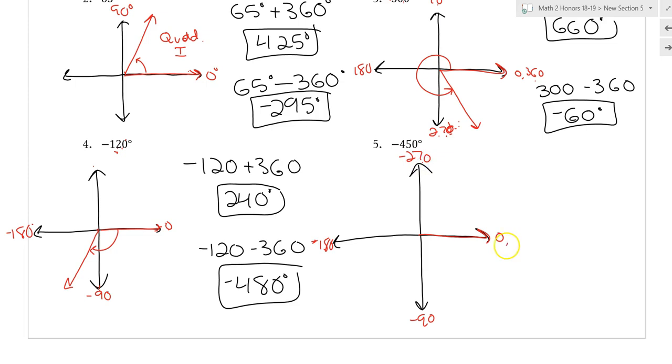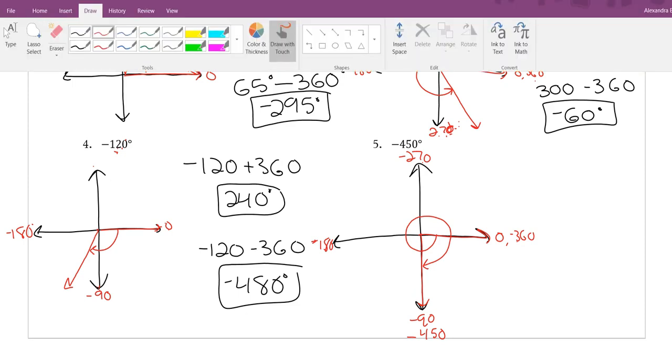Plus 90 is negative 360. We're not there yet. Plus 90 is negative 450. Oh, we made it. So I have to go all around. Negative 90, negative 180, negative 270, 360, 450. So again, it circles all the way around.